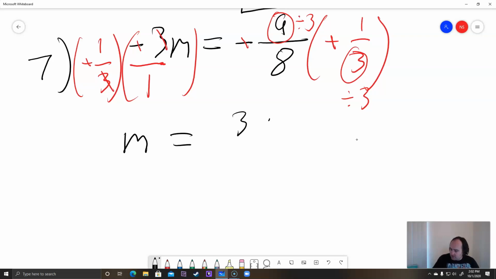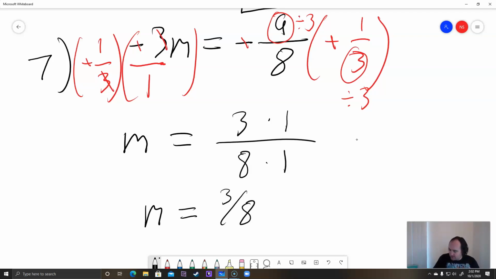So we have 3 times 1 over 8 times 1. On the top, we just have a 3, and on the bottom, an 8. So our answer is m equals 3/8.